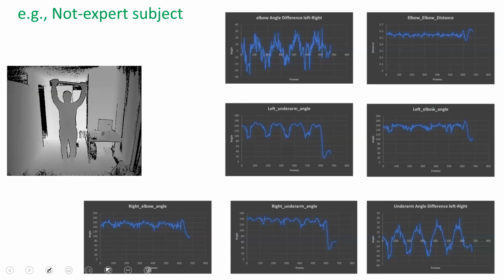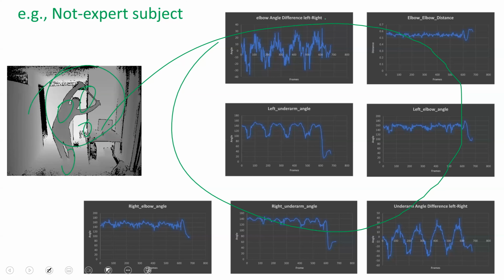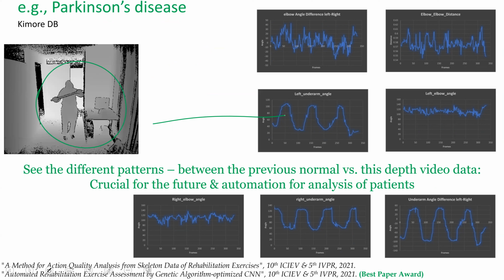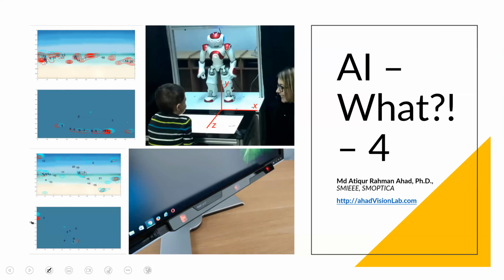If we consider these kinds of activities, based on depth images or skeleton body joint points, and different kinds of angles and distances, we can see this nature. For Parkinson's disease or another person, we can get something different. If we can find the different patterns between normal and problematic ones, and find a good solution, then it will help millions and millions of people while they are at home.